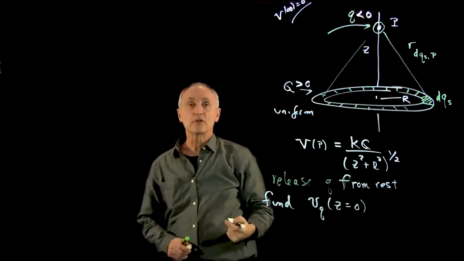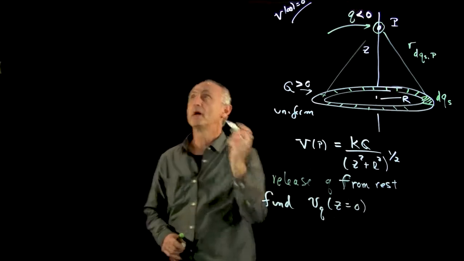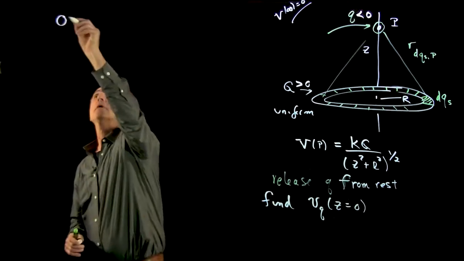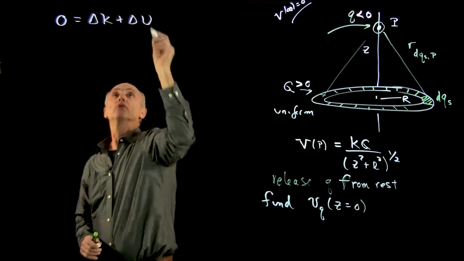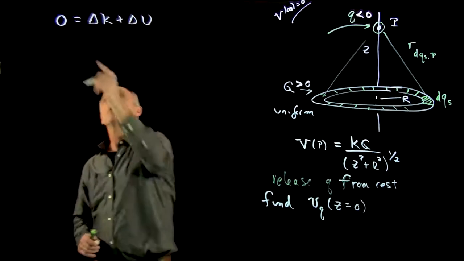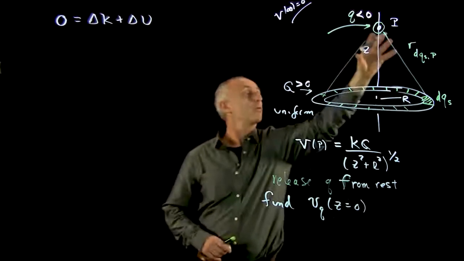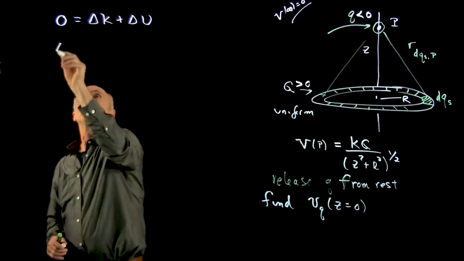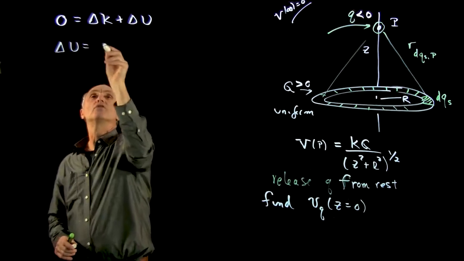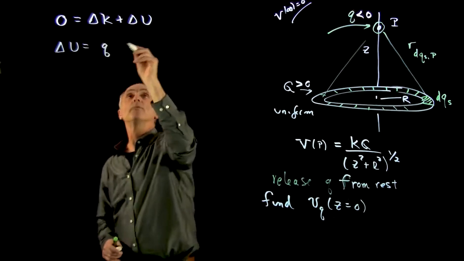Now, what we'll use is our energy theorem that will say that 0 equals delta K plus delta U. And we're not putting any external work into this system. Now, delta U, we know, is the change in potential.